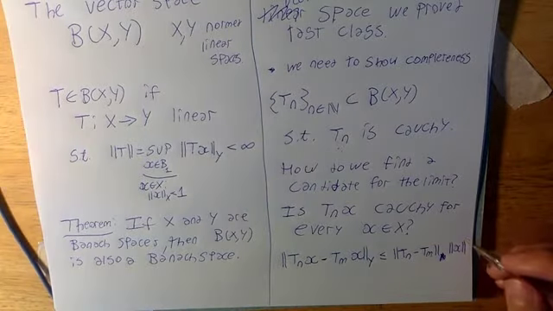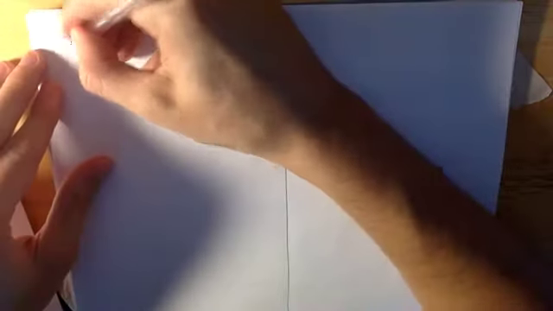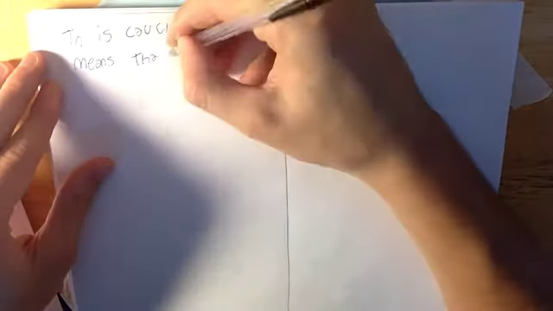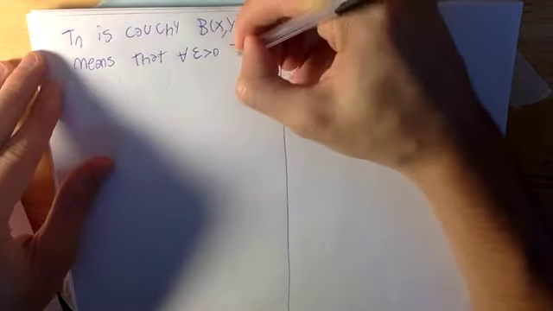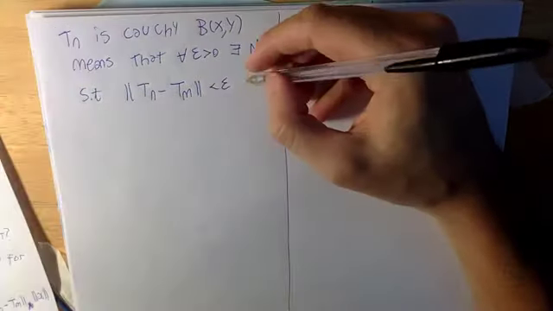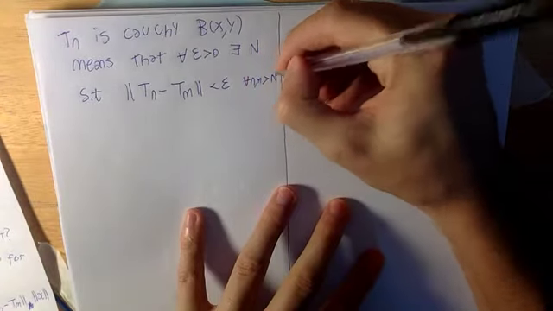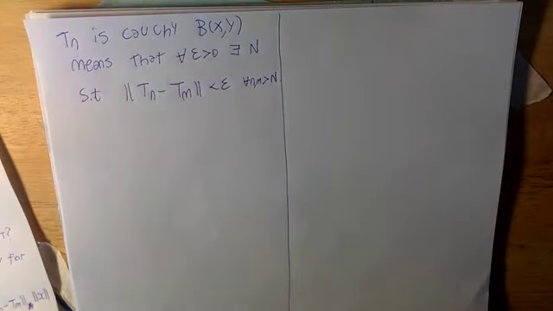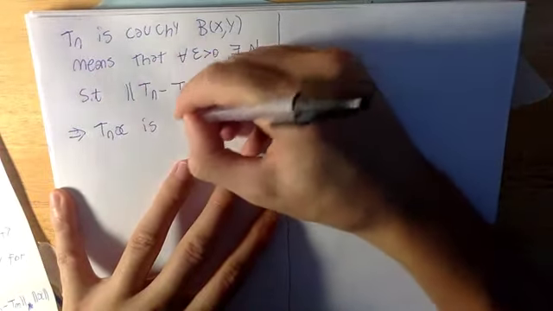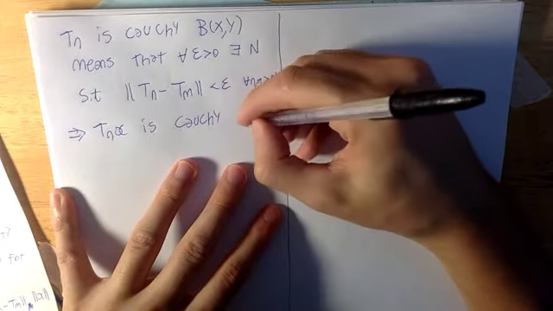Okay, so then Tn is Cauchy in B(X,Y) means that for every epsilon there exists an N such that the norm of Tn minus Tm is less than epsilon for every n, m bigger than capital N. So in particular, this implies that Tn of x is Cauchy for every x.